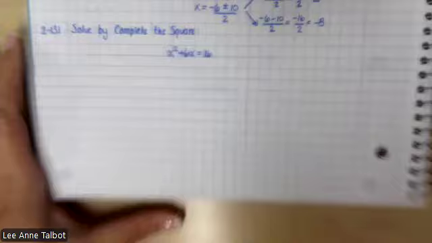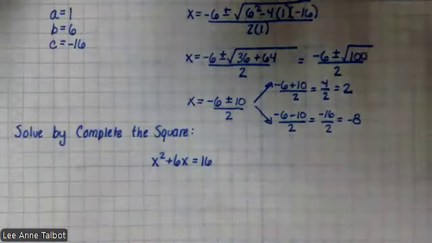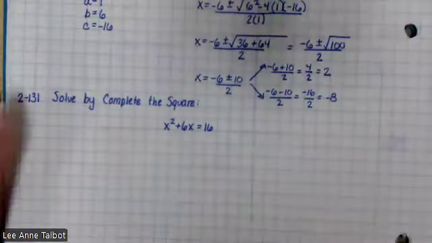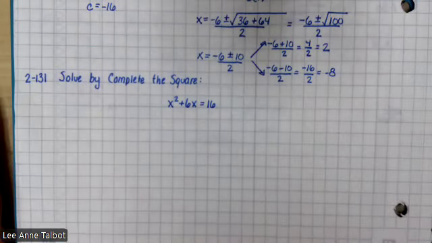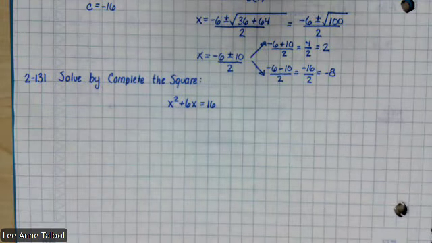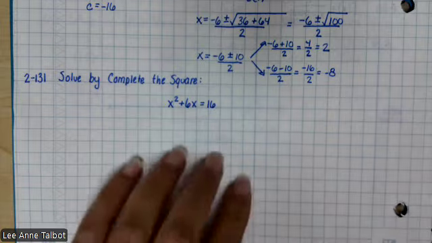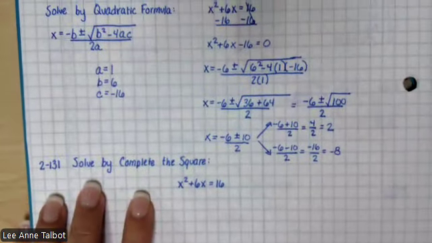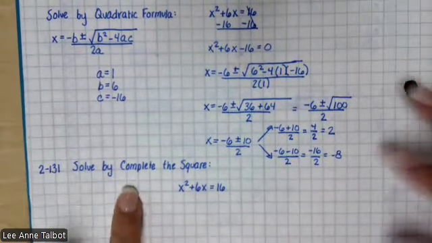And in the notes for quadratic equations, we left some space for number 131. So it looks like solve by quadratic formula, and then we left space for completing the square.